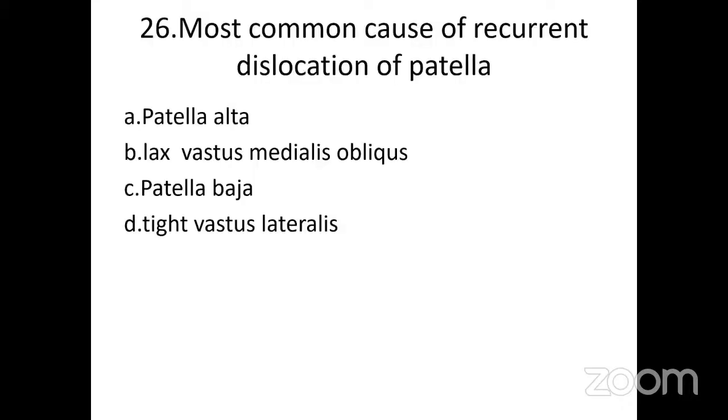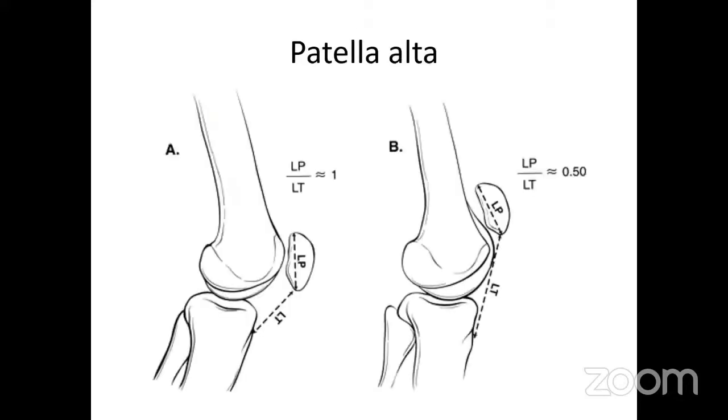And the most common cause of recurrent dislocation of patella, we have already studied about the Q angle and recurrent dislocation of patella. The most common cause is patella alta. The word alta means high, like altitude, high riding patella. How will you radiologically assess patella alta?